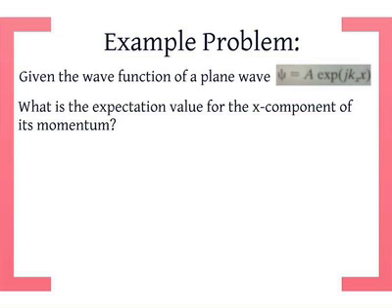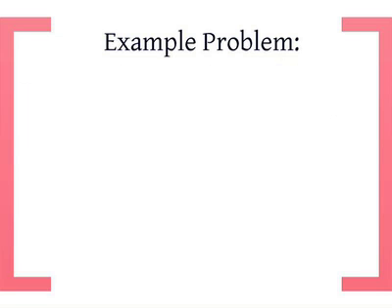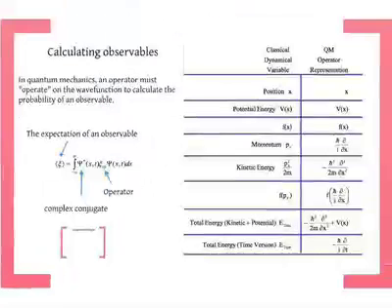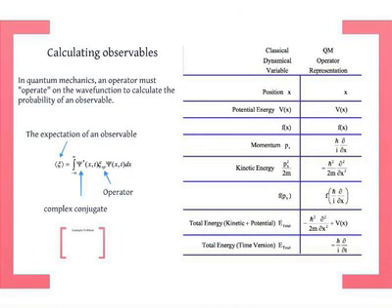So, px. Let's go back and see what the momentum operator is. It is h over i. Is it h or h bar? It's h bar. Can you see? I don't know if it's too low. I think it's h bar.